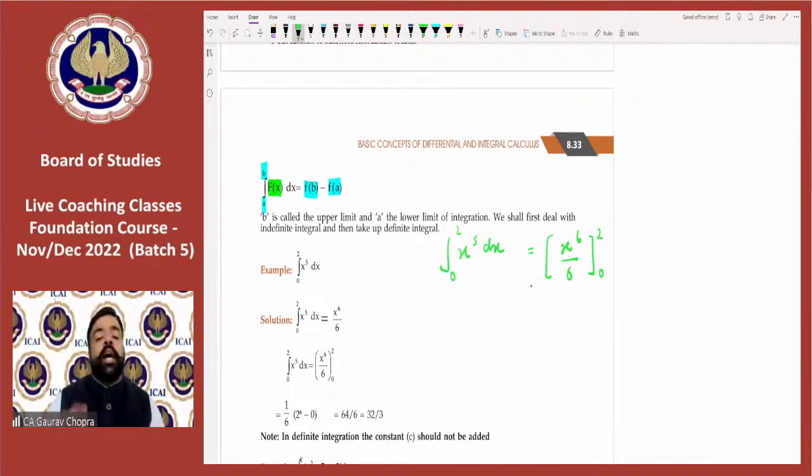Now apply the upper value first, that is the bigger value. So it becomes 2 to the power 6 upon 6 minus 0 to the power of 6 by 6. So how much does it come? 64 divided by 6, or we can say 32 upon 3. So this is the final result.